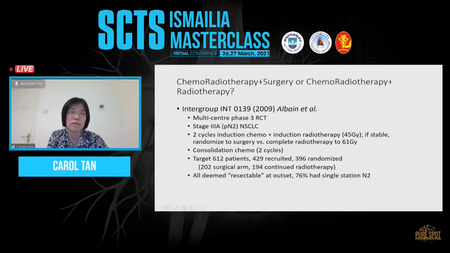They then received consolidation chemotherapy of further 2 cycles. And out of their target 612 patients, they randomized 396 patients with approximately about 200 patients in each arm. All patients had to be deemed resectable at the outset. And in 76% of the population, they had only a single station N2.